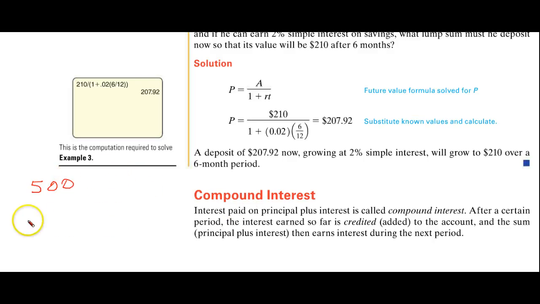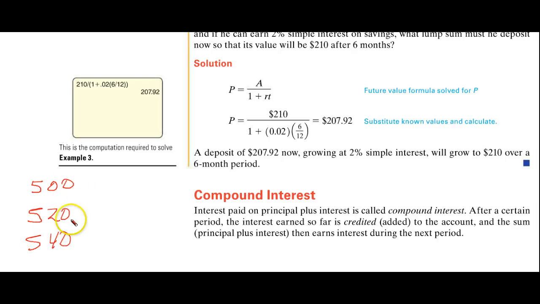Now, for compound interest, let's say after the first year, you no longer have just 500. You now have, let's say, 520. So for the second year, it's 520. And then after the third year, your principal, because this was added, might be 540.